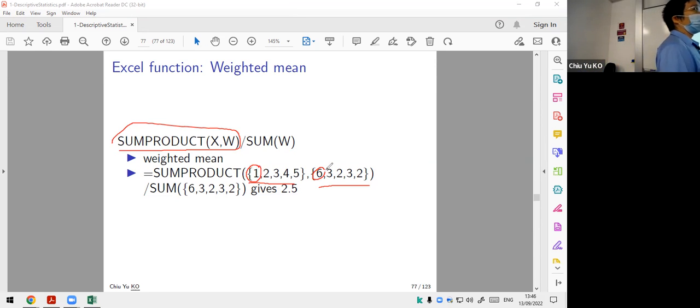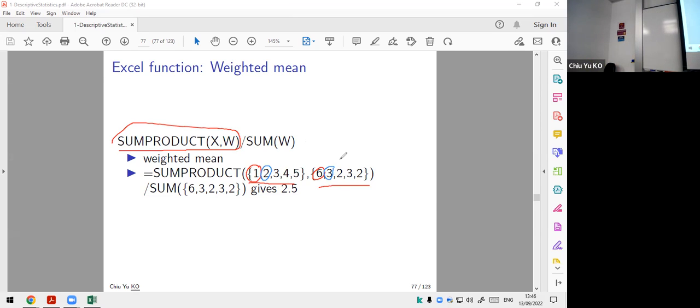Then you do the same for the second element, multiplying the second element from the second list. This is just a product, but you add up the results. So what we get is 1 times 6 plus 2 times 3 plus 3 times 2 plus 4 times 3 plus 5 times 2.